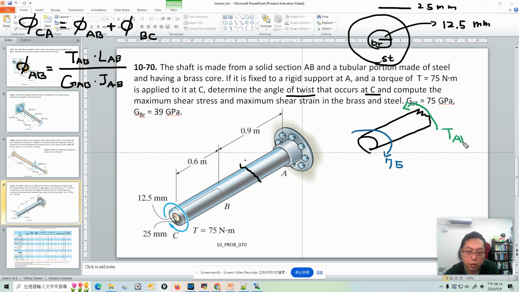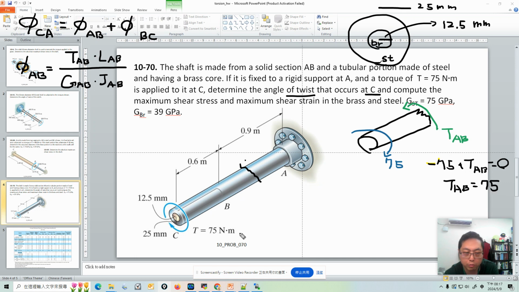So doing a moment balance on this cut section, minus 75 plus TAB is equal to 0. So TAB is 75.